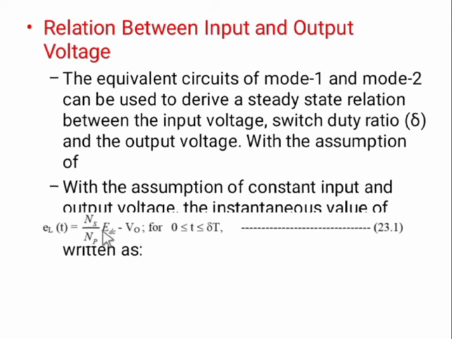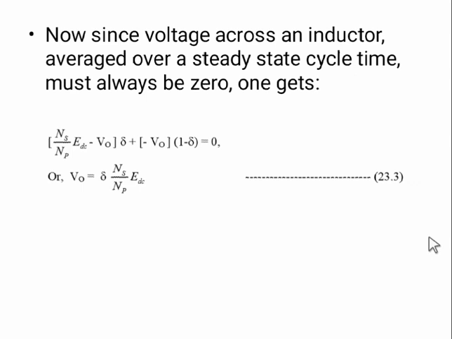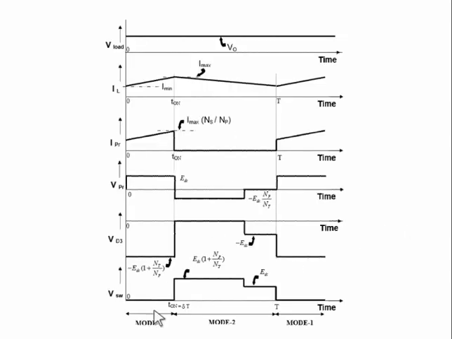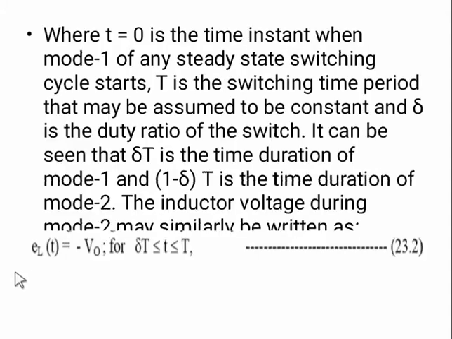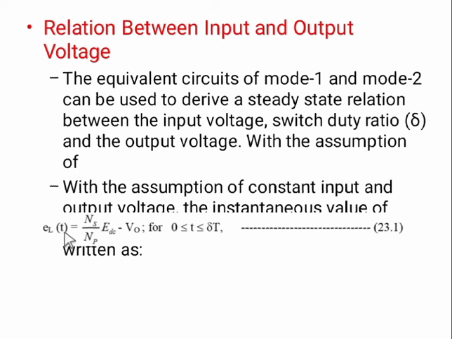That means this is the secondary turns divided by primary turns, multiplied by the input voltage EDC, minus the output voltage VO, for the time interval 0 less than t less than delta T. So this is the mode 1 operation. In mode 1 operation, the voltage across the inductor is given by this equation.